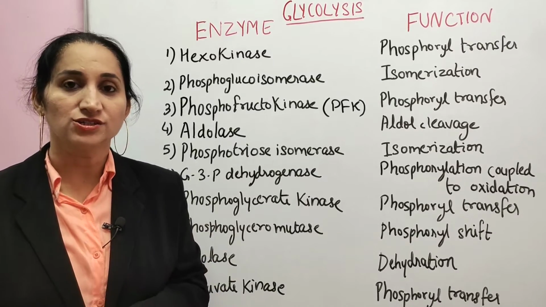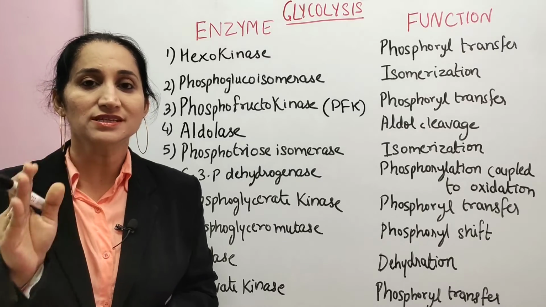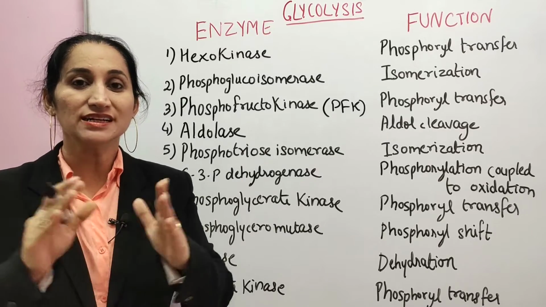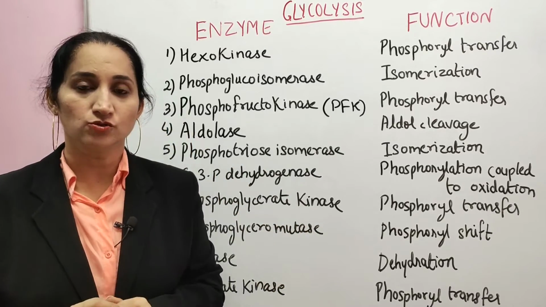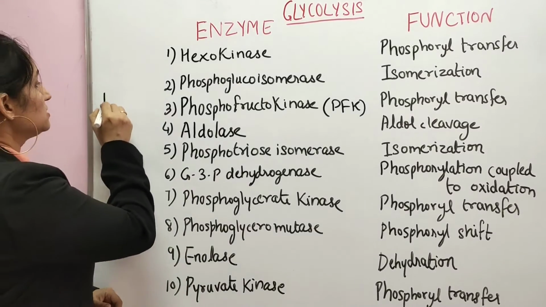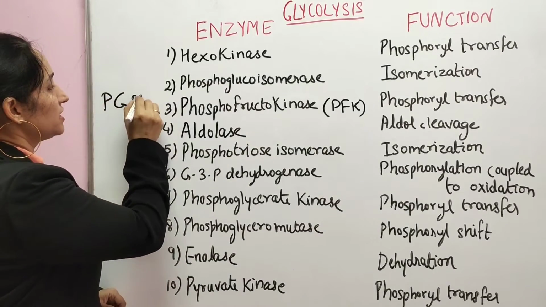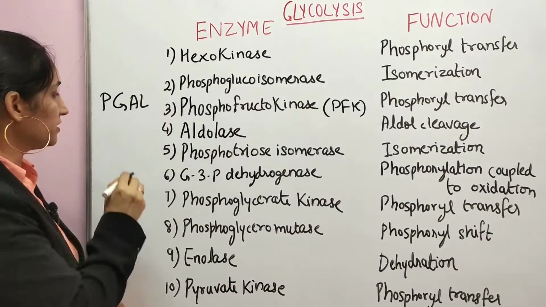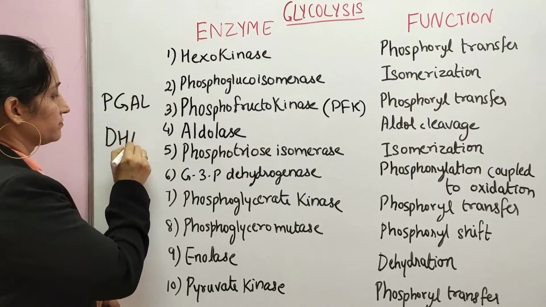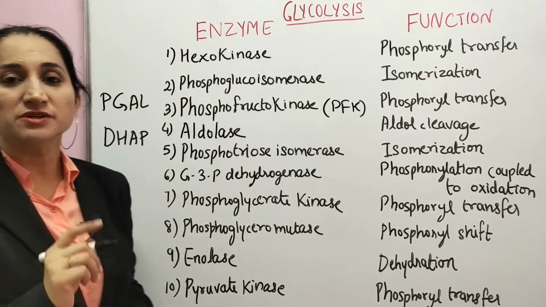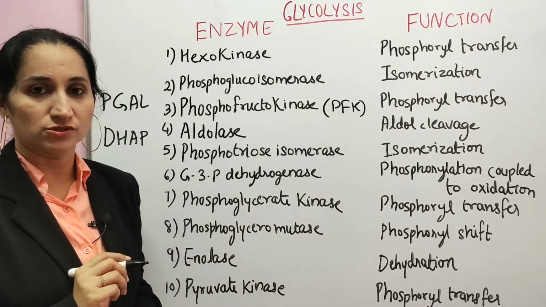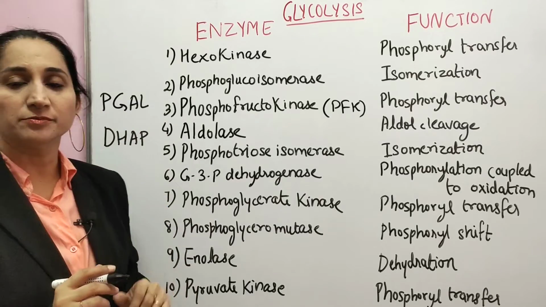In the next reaction, fructose 1,6-bisphosphate was cleaved into two molecules: PGAL, phosphoglyceraldehyde or glyceraldehyde 3-phosphate, and DHAP. Fructose 1,6-bisphosphate was a 6-carbon compound and these are 3-carbon compounds.